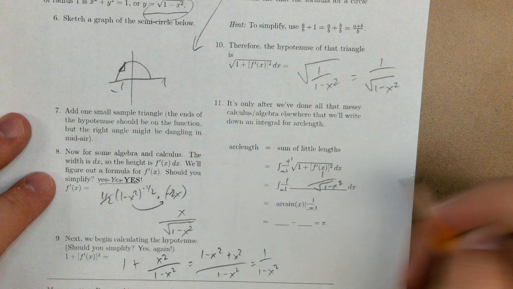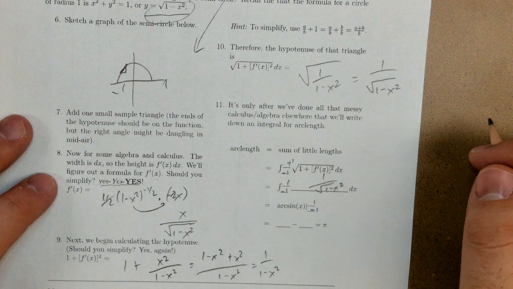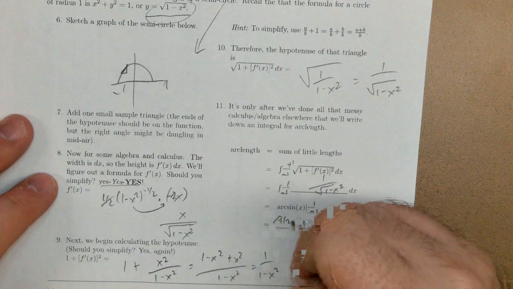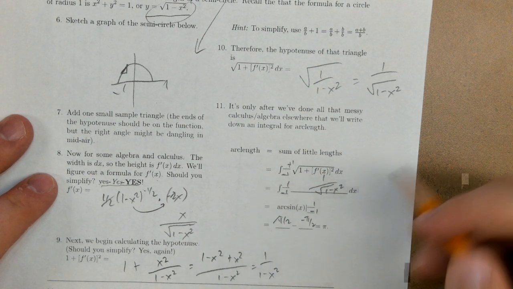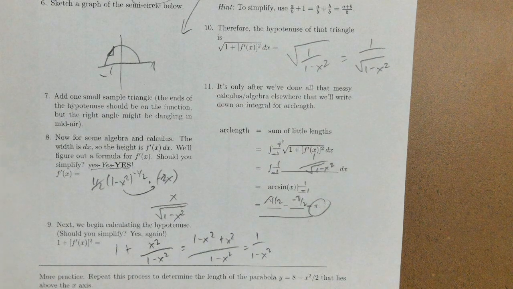So it integrates to arc sine, plug in -1 and 1. Arc sine of 1 is pi over 2. At -1, it's minus pi over 2. That adds to pi. Okay, so pi is our answer for the arc length of that curve.